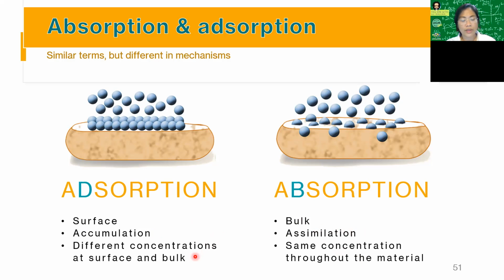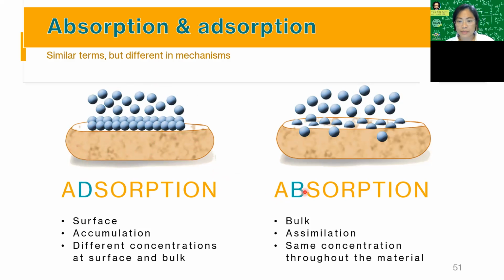Since adsorption is on the surface, at the end of the process you will get a different concentration at the surface and in the bulk. After adsorption, only the things that get adsorbed are on the surface; there's nothing in this matrix here.